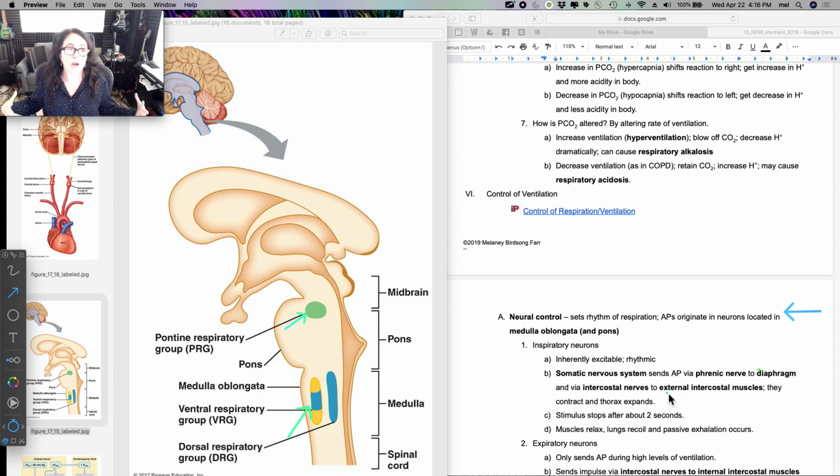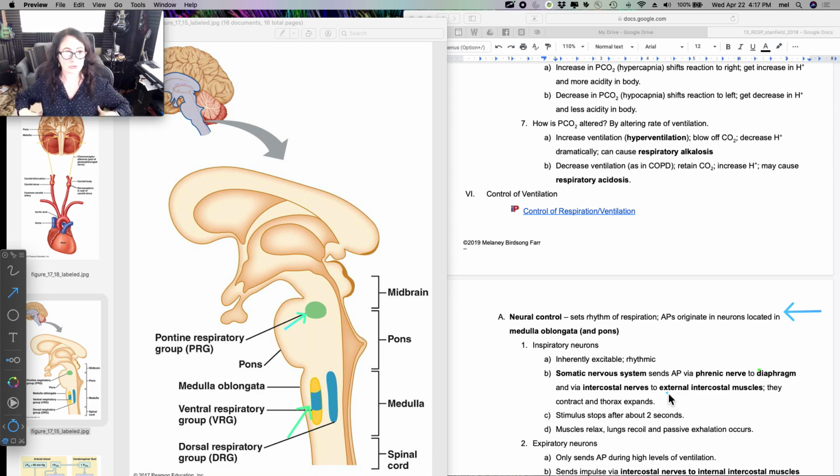The size of the thorax expands, the pressure drops, and then air moves in because flow equals the delta P, the difference between alveolar pressure and atmospheric pressure, over R. So air is going to move in because I dropped the pressure here compared to here. Okay, so that stimulus causing contraction of the diaphragm and the external intercostals lasts for about 2 seconds.